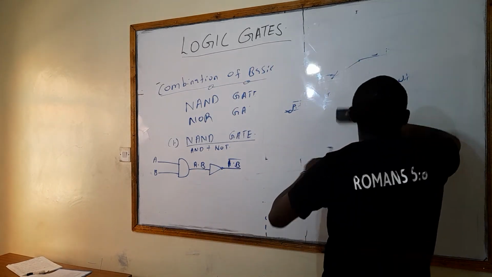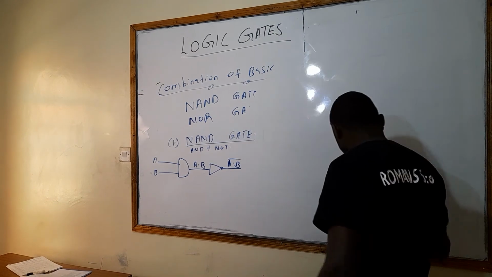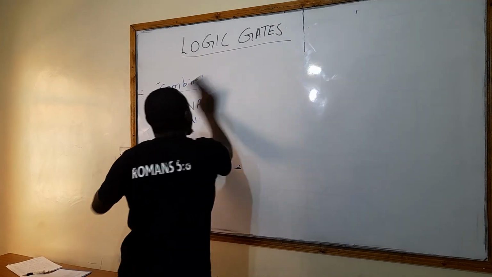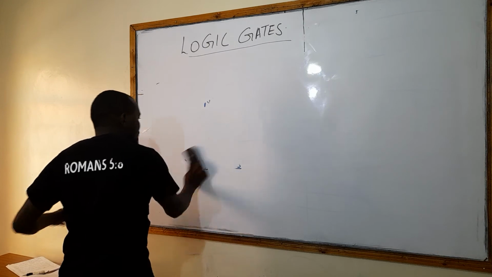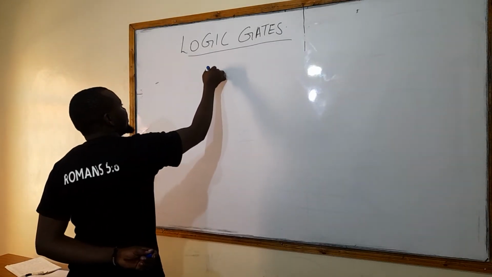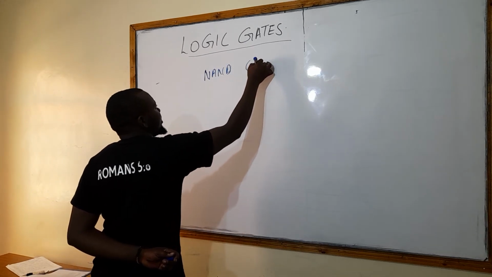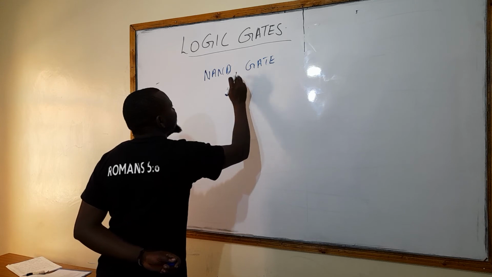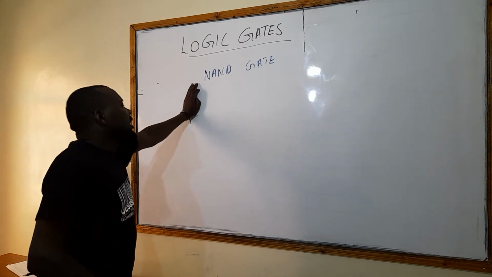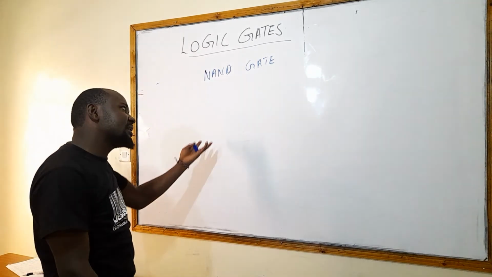guy. You have been sent with your client to go and buy some gates. And you are able to find a NAND gate. You are able to get a NAND gate. And you don't need to use these gates. Maybe your job requires another gate. Maybe it needs some basic gates.